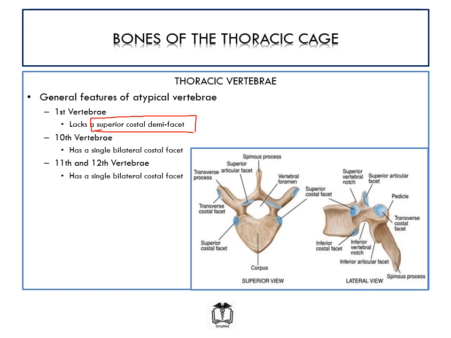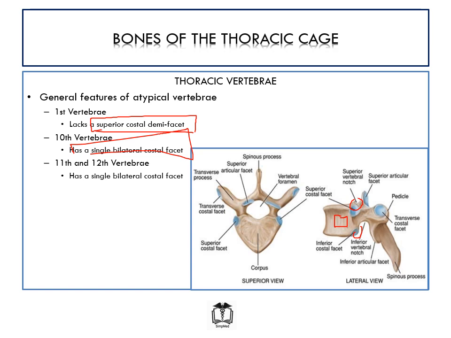The tenth vertebrae also has a single bilateral costal facet. Instead of having a superior and inferior, it just has a single unique costal facet on the body. So instead of having one superiorly, one inferiorly, the tenth vertebrae just has a unique costal facet on one side, probably located on the center part of the body.